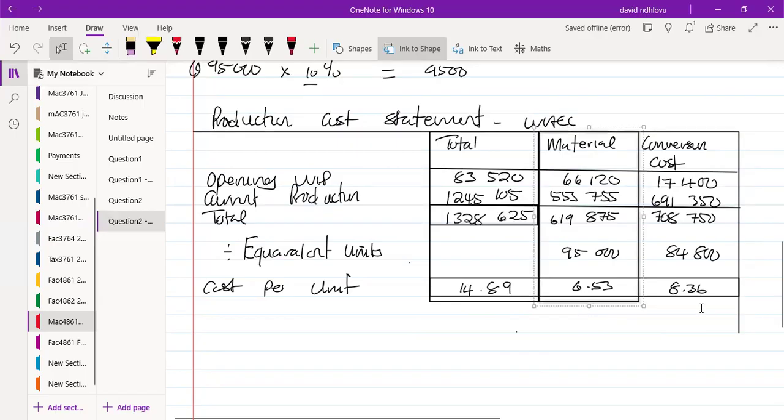Okay. So this is how we calculate if we're having a production cost system. That's how you determine your production or manufacturing cost per unit. Right, but we are not done. There is certain information that will be needed by the entity that we need to combine.